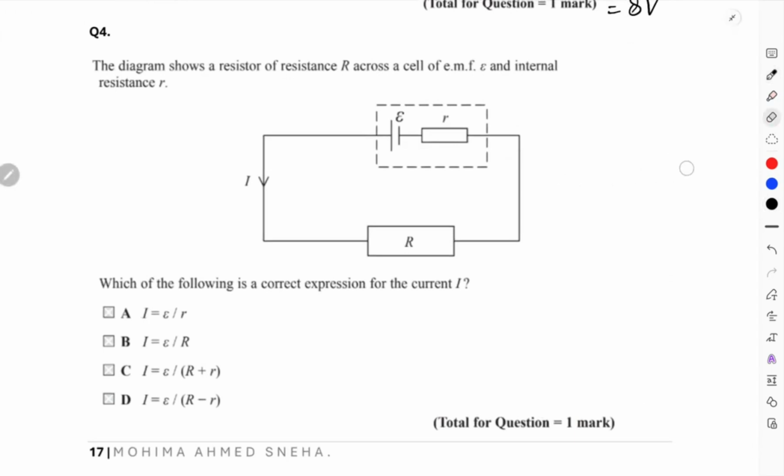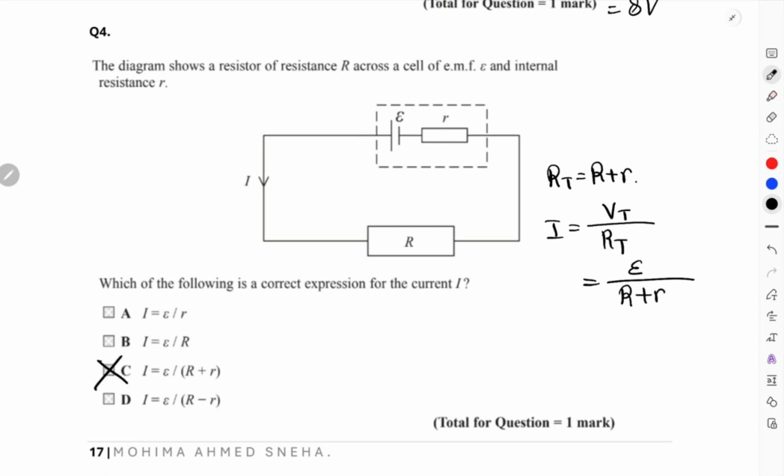No, we can just find it like this, that total resistance over here is just going to be R plus internal resistance, because internal resistance and fixed resistor were connected in series, right? So in that case, for current, it's going to be total voltage divided by total resistance. For total voltage, it was EMF, and total resistance, it was R plus small r. So EMF over R plus small r, option C is the correct answer in this case.